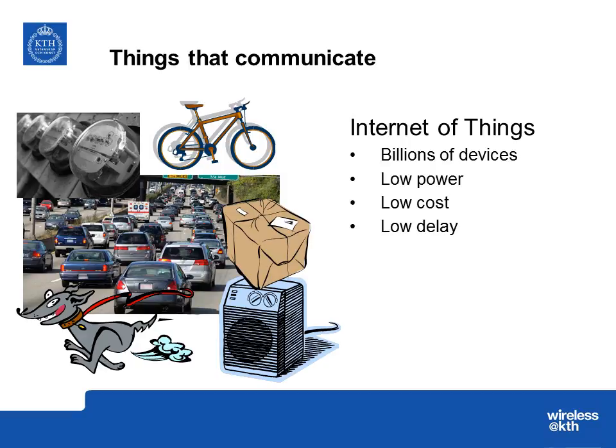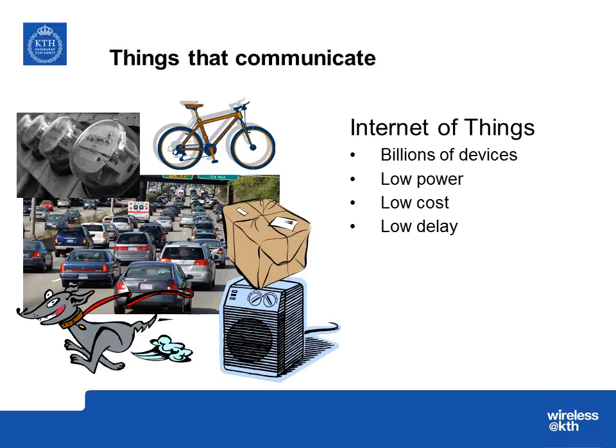What we're dealing with here is systems for billions of devices. Sometimes they have very low power requirements, like the dog leash, which is battery powered, so we don't want to exchange the battery too many times.